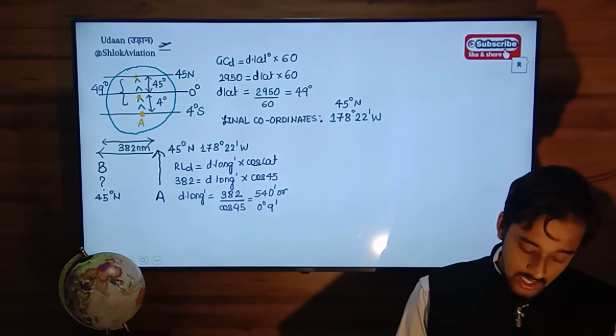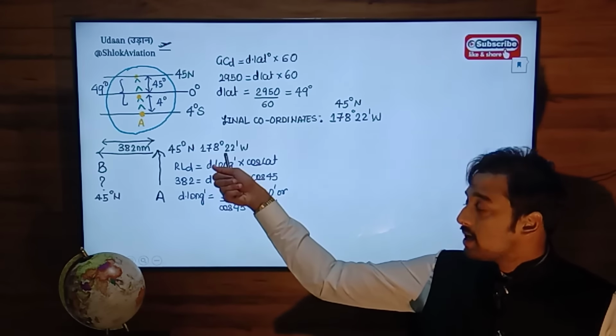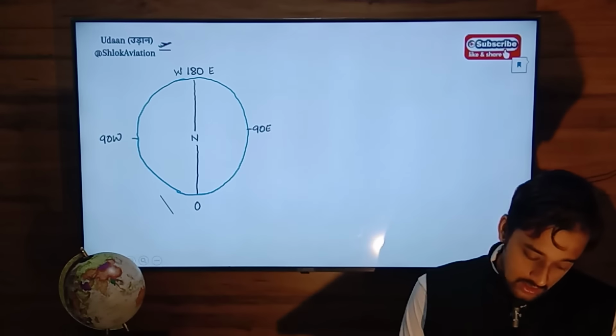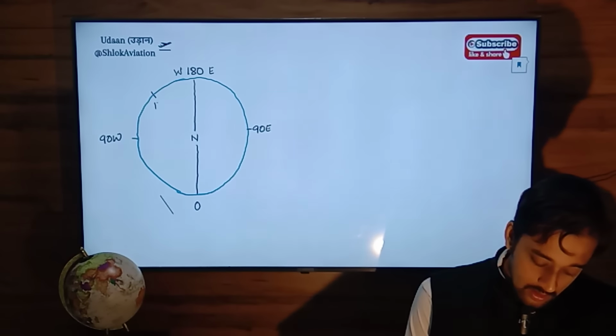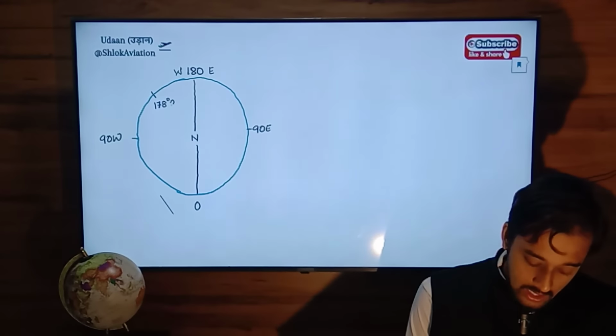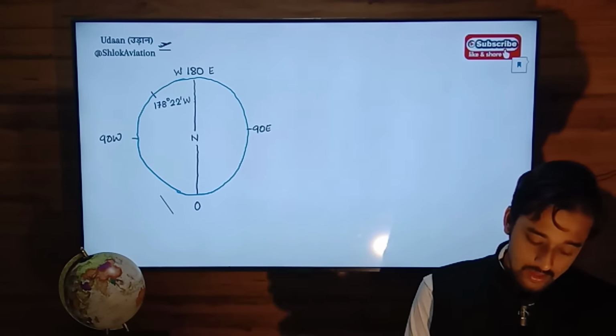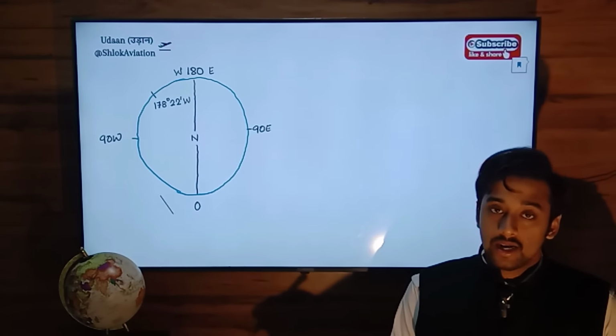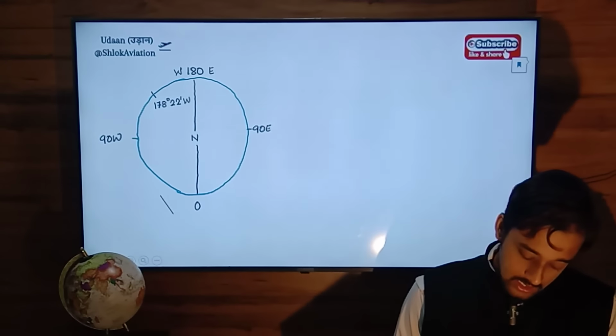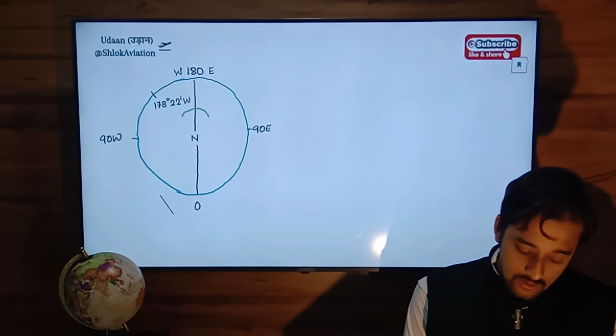Our starting longitude is 178 degrees 22 minutes west. And now we are traveling in a westerly direction, which means our track is clockwise westerly.